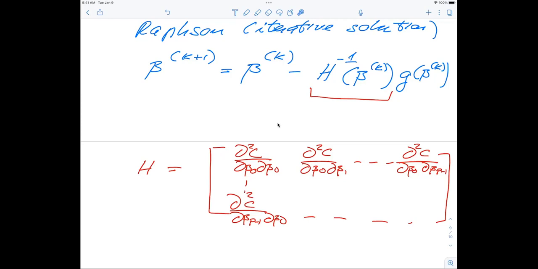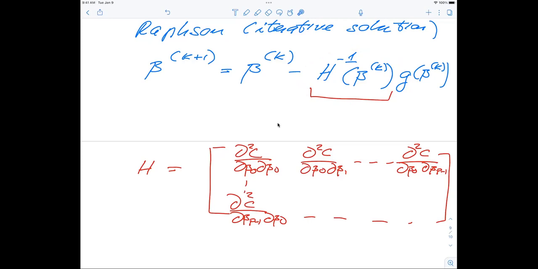And you don't want to calculate second derivatives of the cost function because that takes a lot of time. Even the gradient takes a lot of time. So you would like to approximate this with something. What I'm giving you now is more the overarching view of all the evil stuff which is going to come, and the approximations which we need to do.